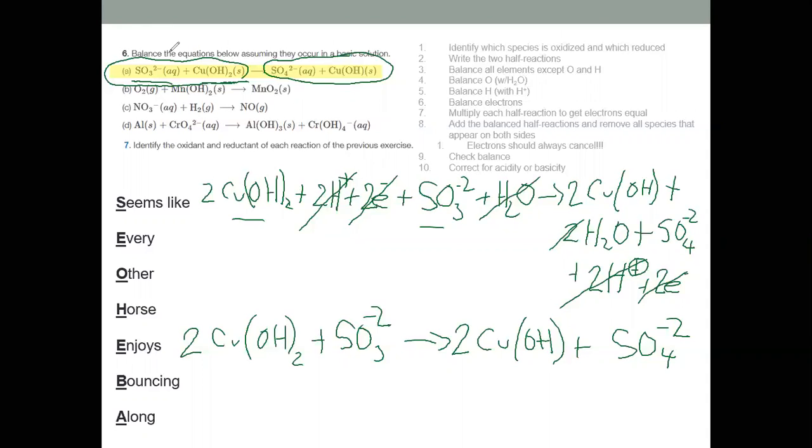Let's go through and double check. We have 2 coppers here. We have on the left, we have 2 coppers on the right. So far, so good. Okay, we have a sulfur here, and we have a sulfur there. Sulfur on the left, sulfur on the right. That's good. How many oxygens do we have on the left? We have 3, 2 is 5. 5 oxygens, right? 3 plus 2 here, because that's a dihydroxide.